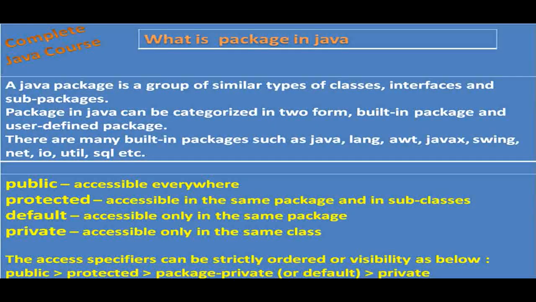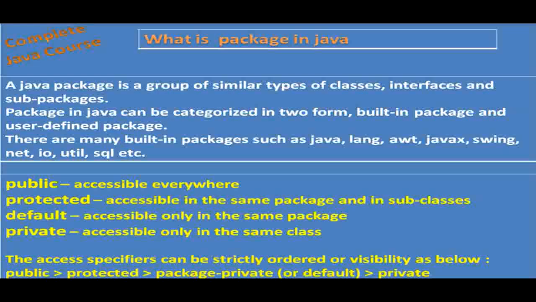Okay, so there are four access specifiers. We will learn about the access specifiers in detail in the upcoming video lectures, but here you just read one by one. There are four types of access specifiers. Basically, an access specifier is used to access a class from one package in another package.